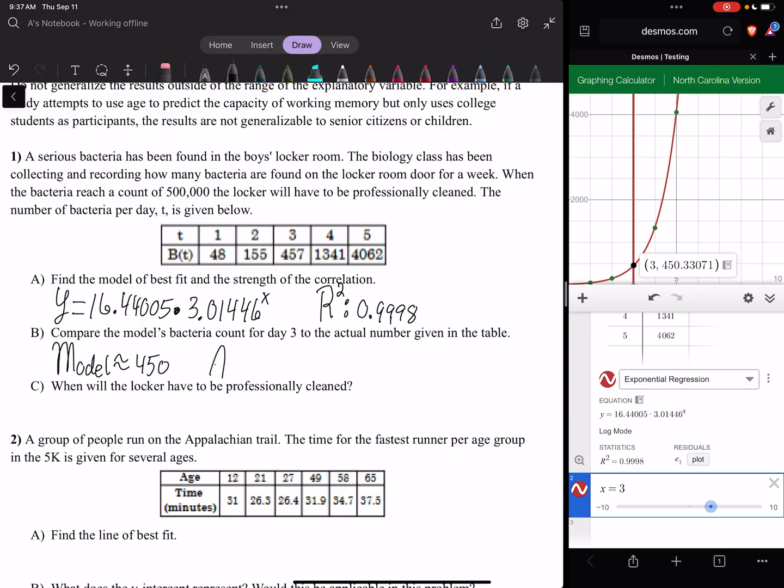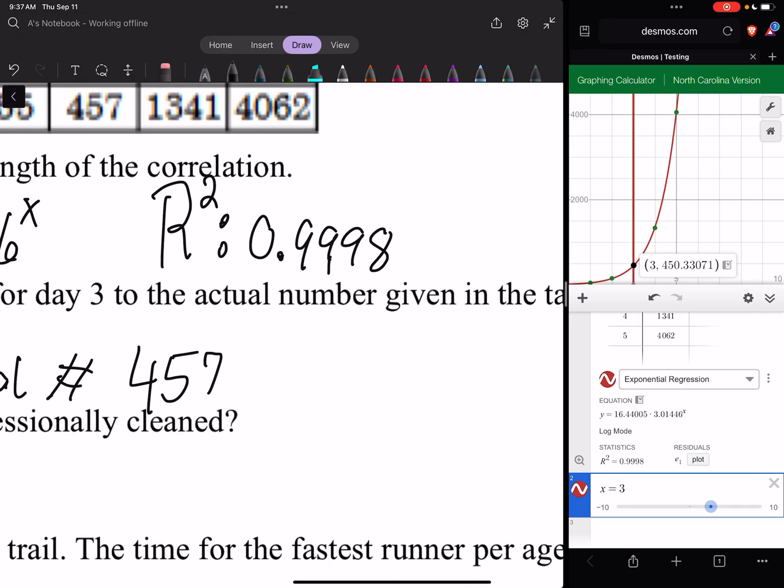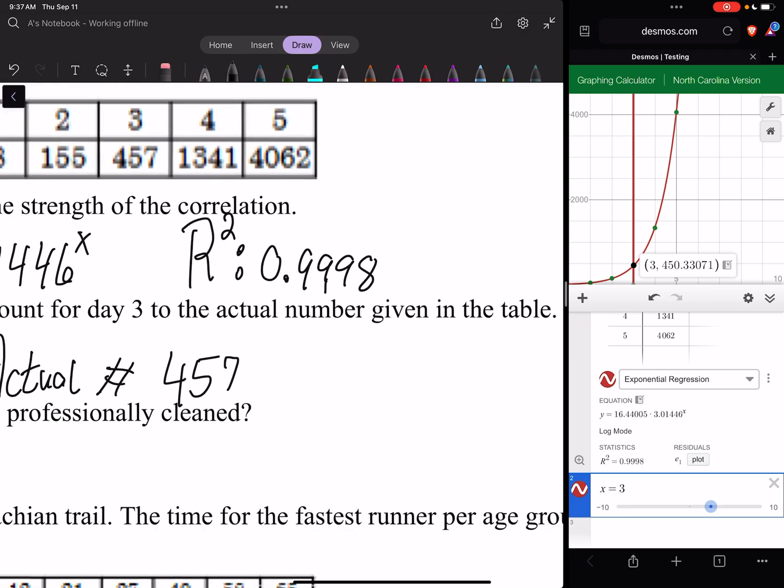The actual number is 457. This is only off by 7. So this is really close.